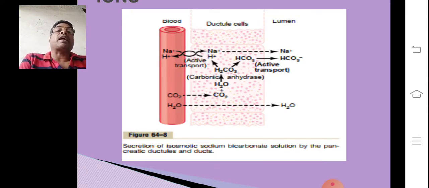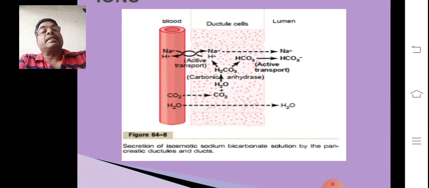These sodium ions are also secreted into the lumen, where sodium and bicarbonate ions combine to form sodium bicarbonate, and they neutralize the acidity provided by the HCl from the stomach. Whereas in the blood, the ionic equilibrium is established by the exchange of Na plus for hydrogen ion.